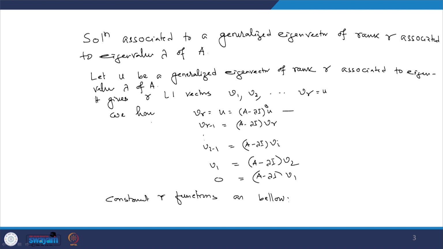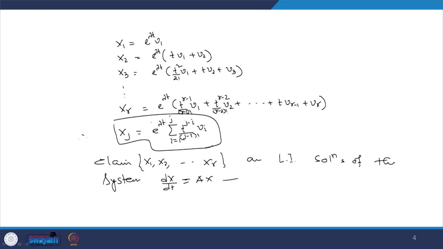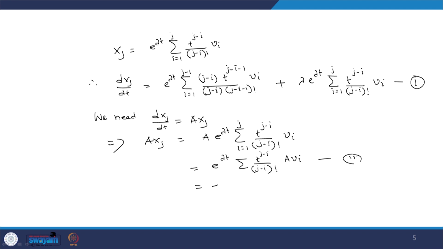We have Vi minus 1 equal to (A minus lambda I) Vi. So, A Vi equal to lambda Vi plus Vi minus 1, and I can use that relation here also. So, this is equal to e to the power lambda t into the sum of t to the power j minus i by (j minus i) factorial.